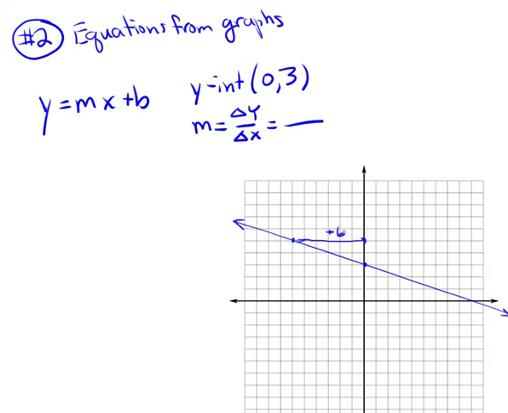Oh, but that is the change in x, not the change in y. So that plus 6 goes in the denominator. Then we go down 2. So direction matters for slope, so negative 2 in the numerator. So when I simplify that, I get a slope of negative 1/3.